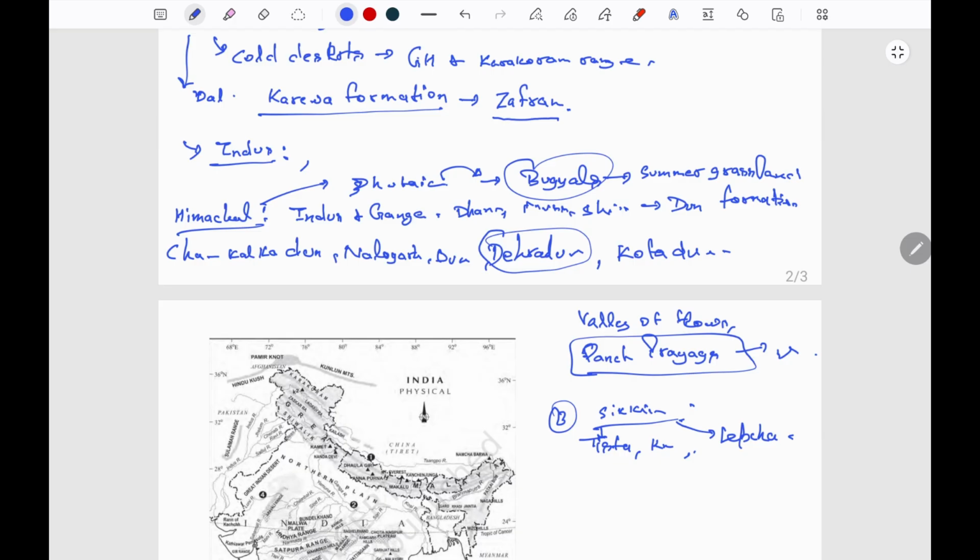Now, in the Sikkim Himalayas, the Shivalik formation is not that prominent. Okay, Shivaliks are absent there.